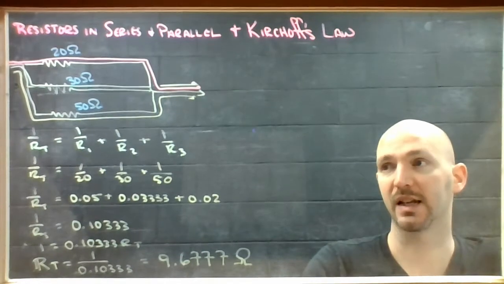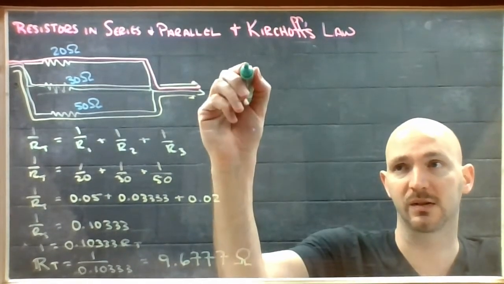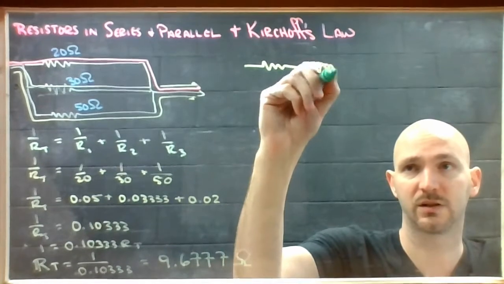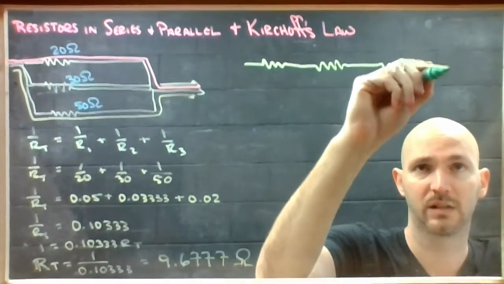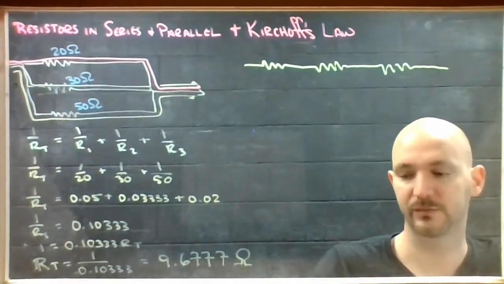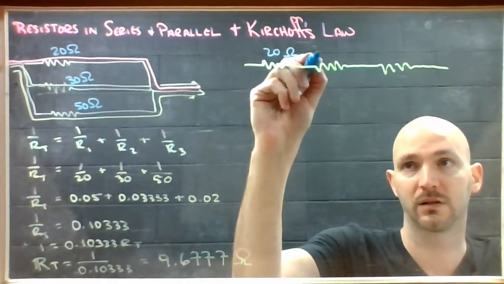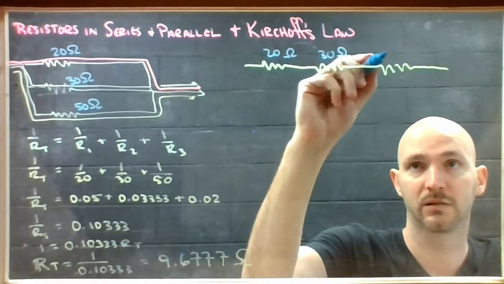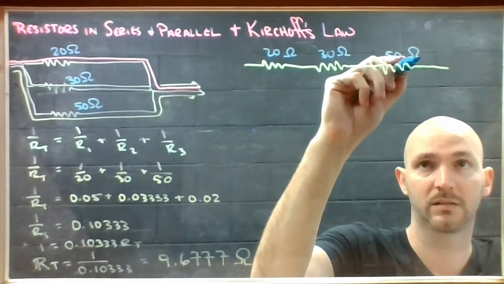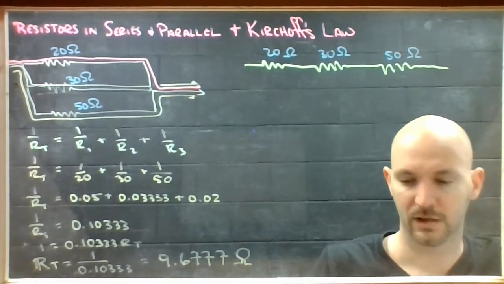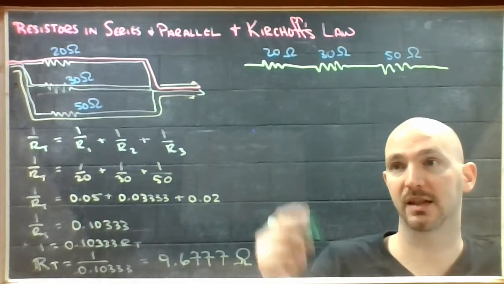Now, if I took those same three resistors, 1, 2, 3, and I put them in series, 20, 30, 50, and I tried to calculate my total resistance there.